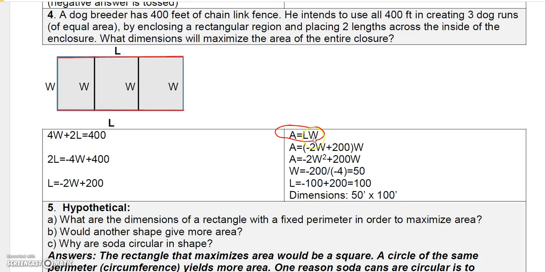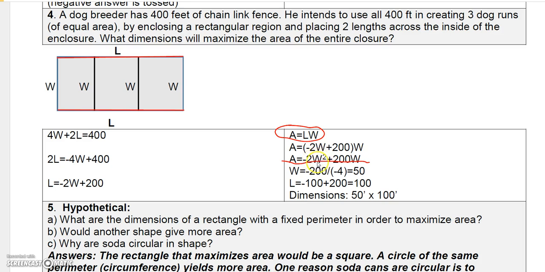Then that allows me to replace this l right here with minus 2w plus 200, and then I can multiply it by w, and I'll get minus 2w squared plus 200w, and now that's a quadratic function where w is the independent variable, and it opens down, so therefore it has a maximum.